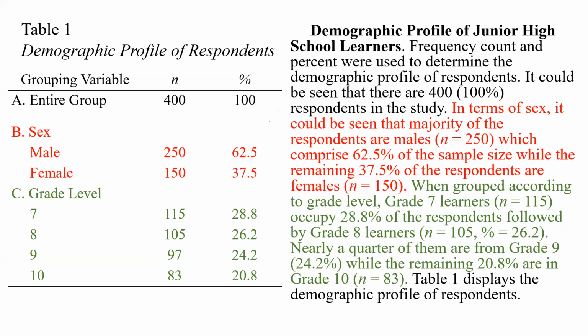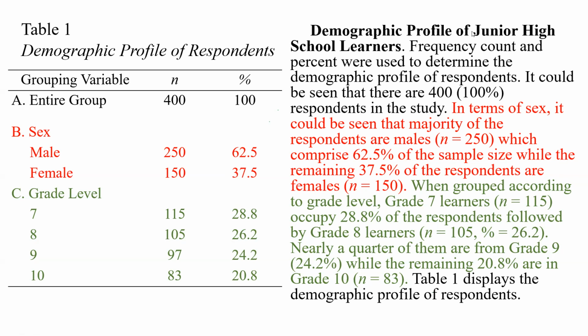While the rest are in grade 10. Table 1 displays the demographic profile of respondents. Take note, it appears this way, but in reality, in your actual research paper, dapat mauna gid sa babaw ang text, ang inyo sa baba sa bond paper.